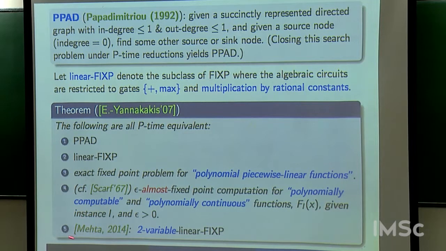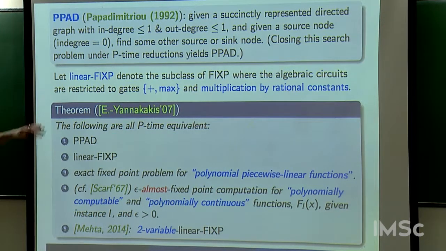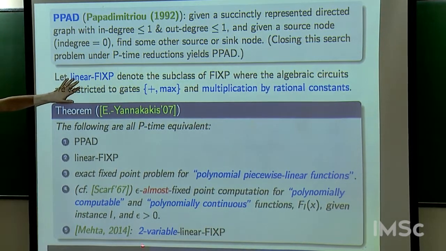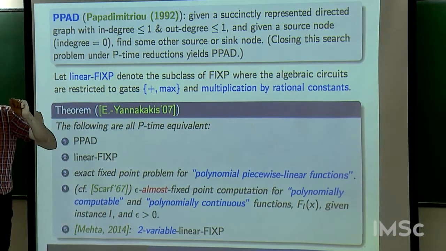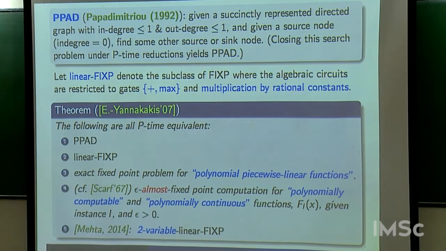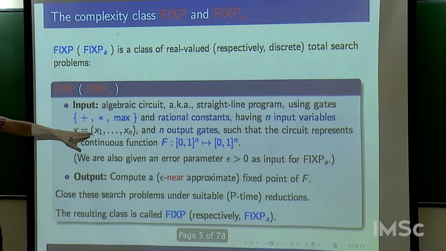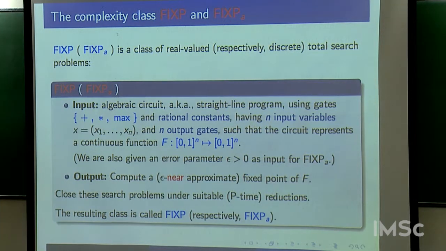Let me mention a recent result by Ruta Mehta that I'm quite enamored by, which is that she showed that you can take this linear FIXP and just restrict it to two variable inputs, right? Remember our general definition of FIXP, the number of variables is part of the input.